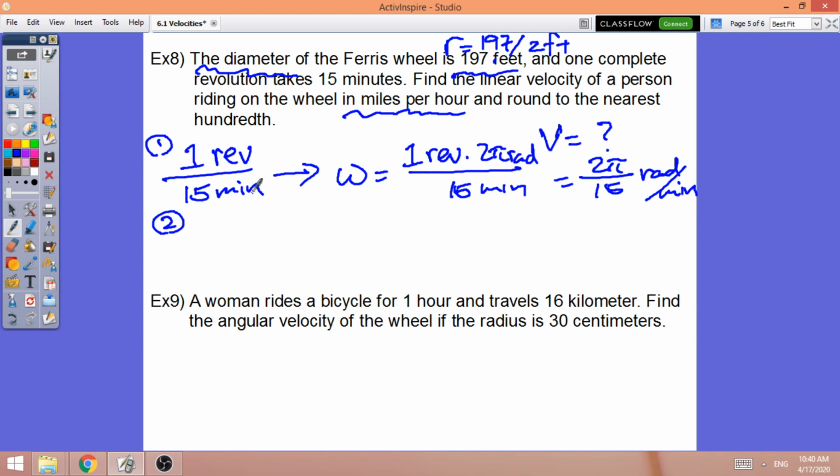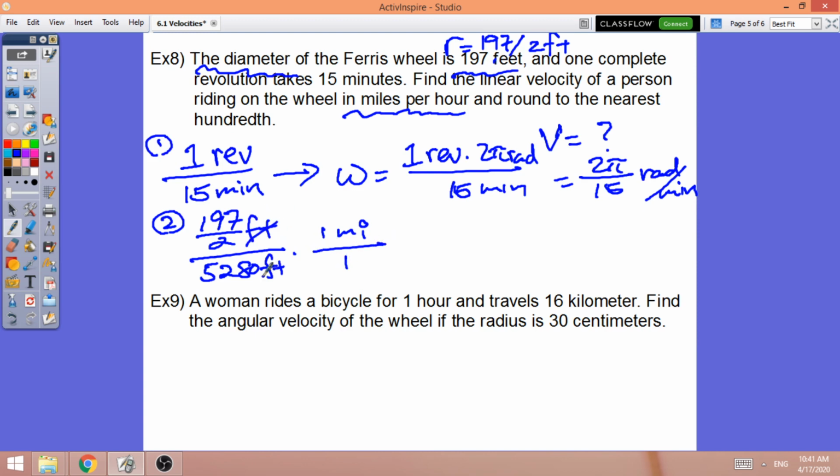So feet to miles. We do have 197 over 2 feet. We do know that 1 mile equals 5,280 feet. So that means we need to divide it by 5,280 feet. Again, so this one is feet, and miles we can put on the top.